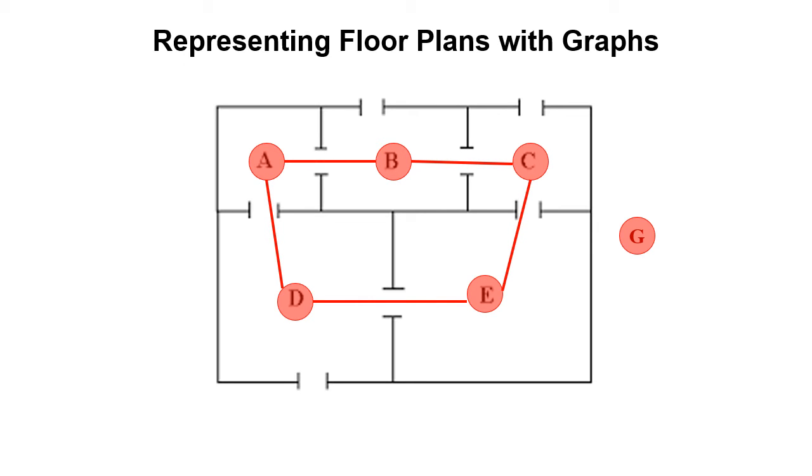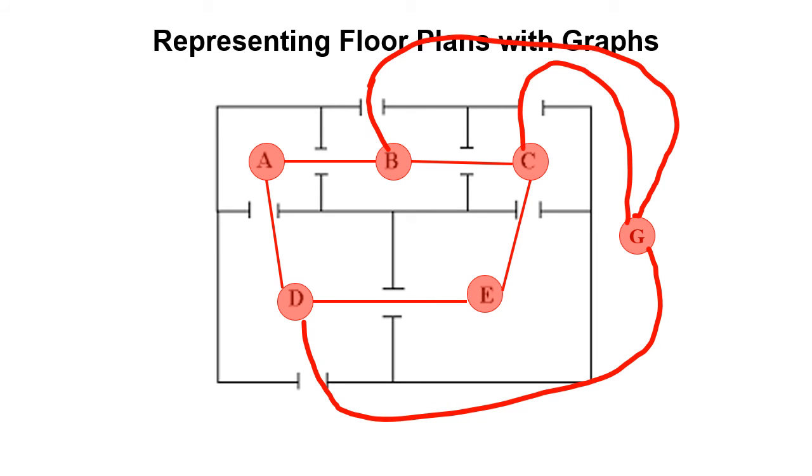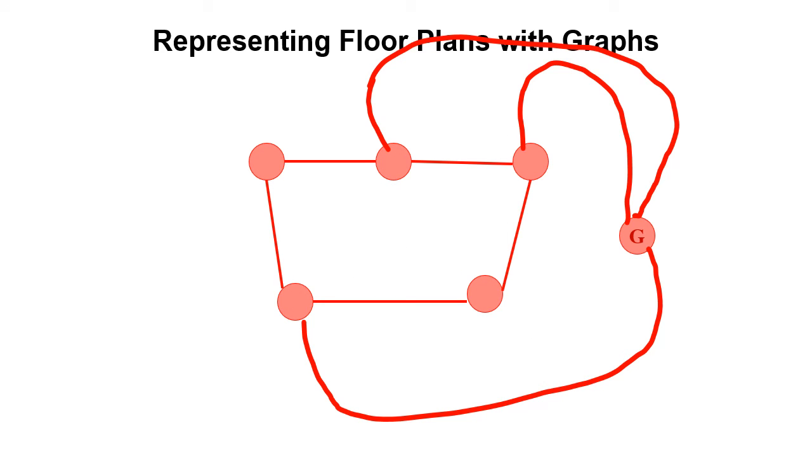And don't forget, if a room has a door to outside, we can connect that room with the vertex outside. So this is the graph of the floor plan we have.